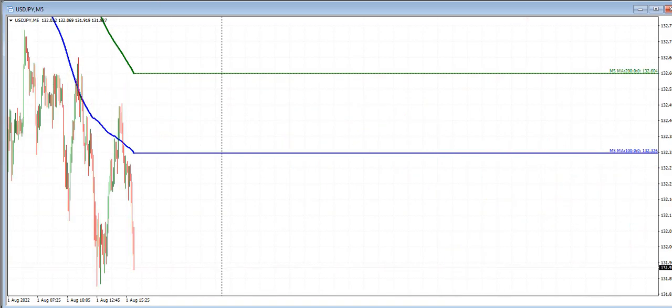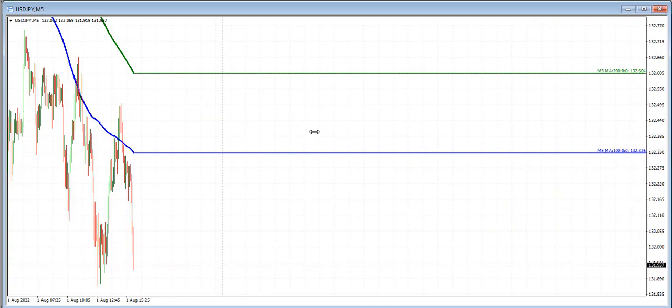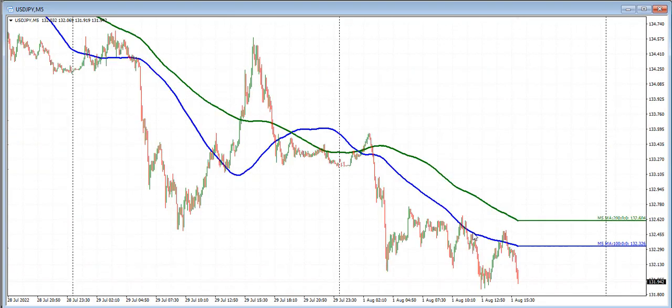If we take a look at the 5-minute chart here, see if we see any clues intraday that might give us a better idea. Seeing the sharp move to the downside in the Asian session, correction up that got above the 100 bar moving average, not once, not twice, but three times through here. That level comes in at 132.26.